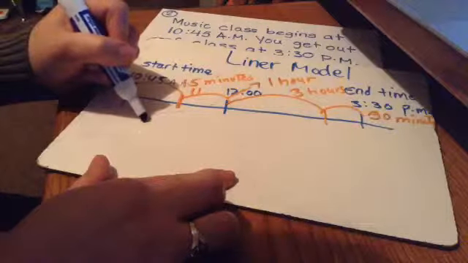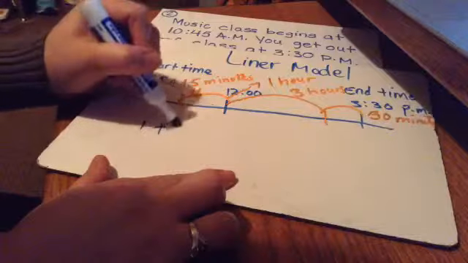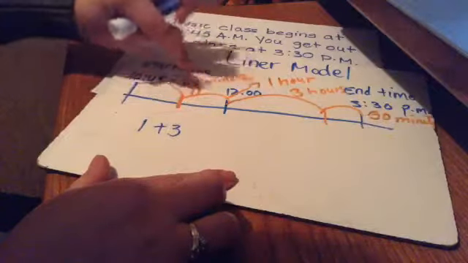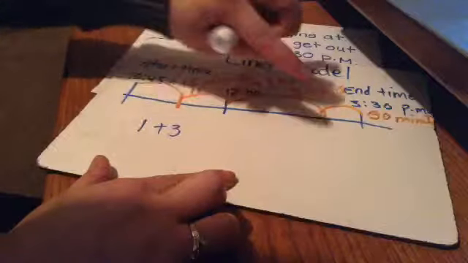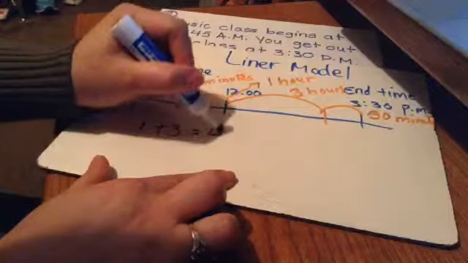So 1 hour plus 3 hours, okay, 1 hour from 11 to 12 and 3 hours from 12 to 3, equals 4 hours, right?